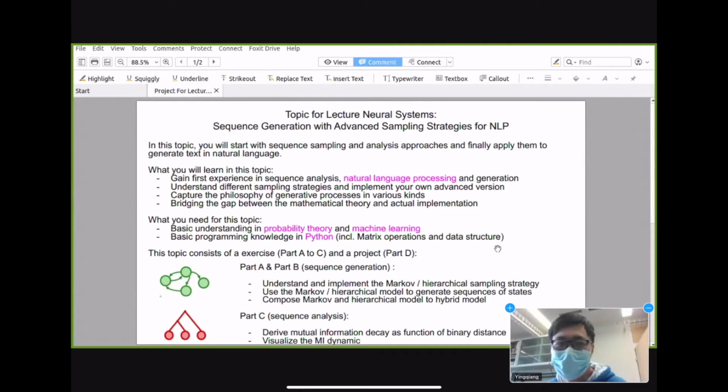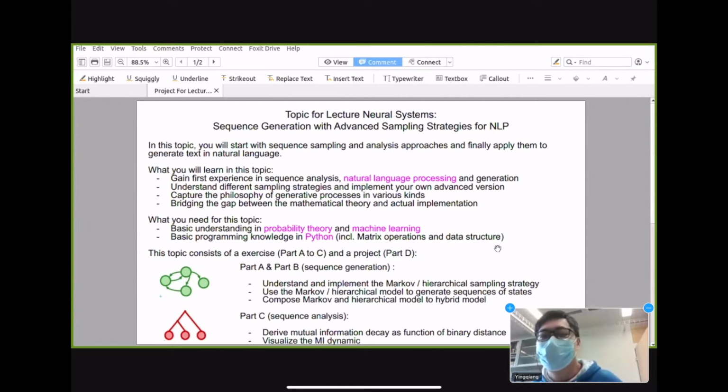Right. So in this topic, you will start with sequence sampling strategies and analysis approaches, and then in part B of this topic, you will apply them to generate text in natural languages, right?